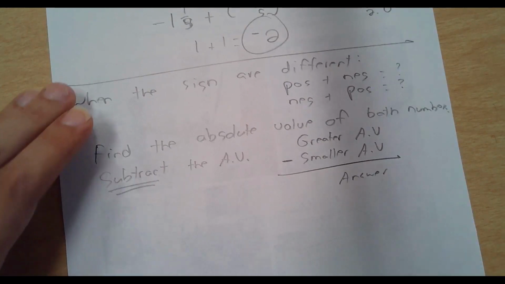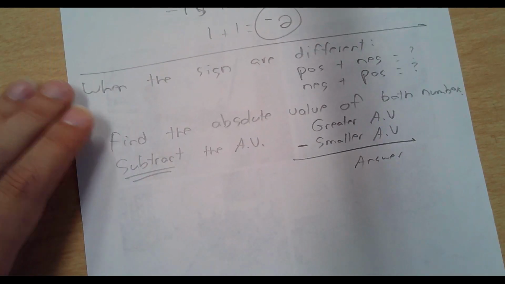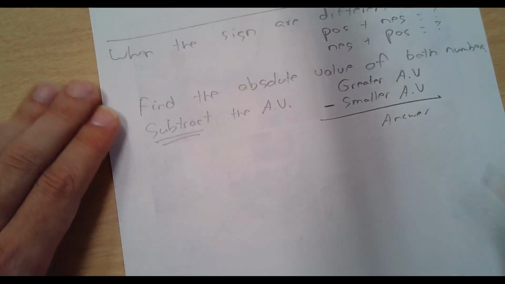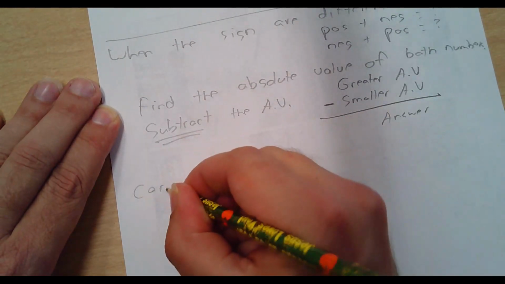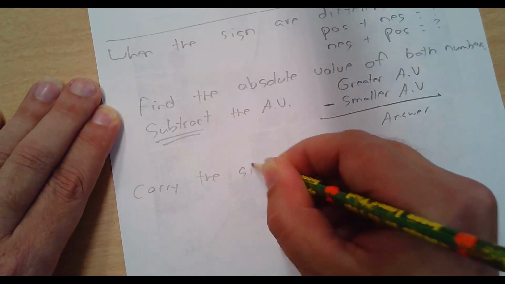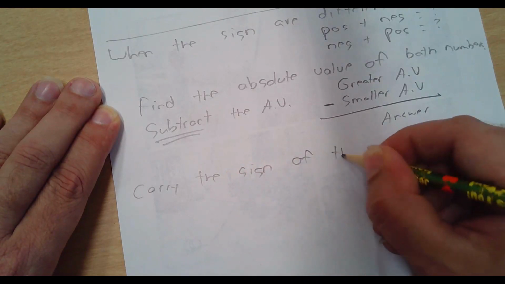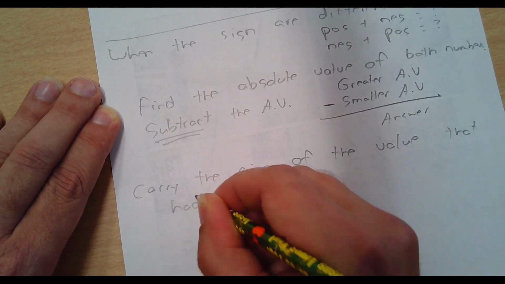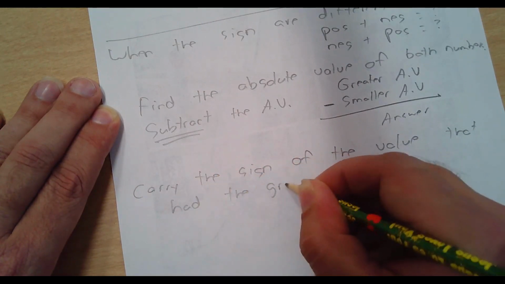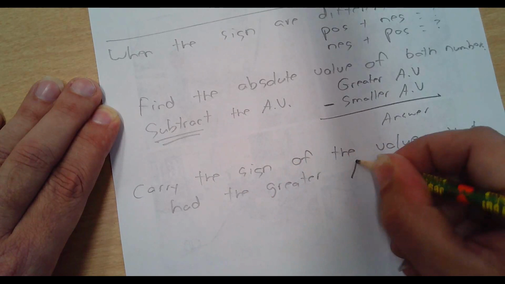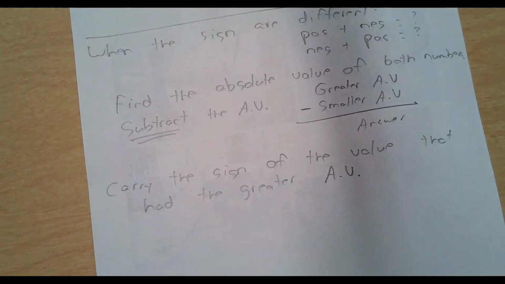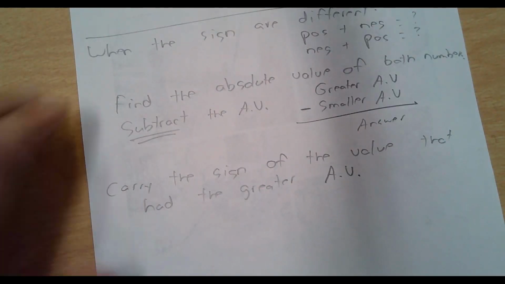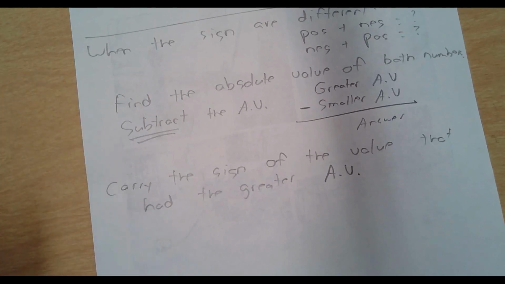Then, to determine if it's a positive or negative in your final answer, carry the sign of the value that had the greater absolute value. And this will determine if your final answer is positive or negative.